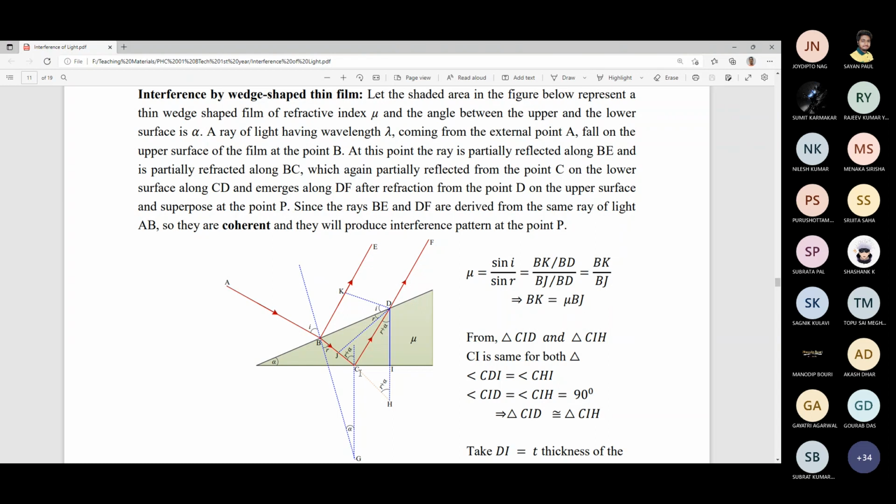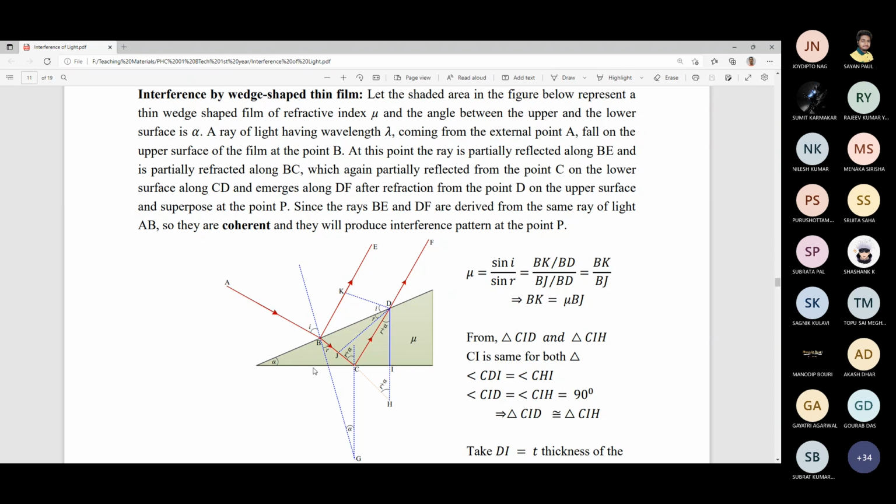Similarly, from the transmitted beam, another reflection will take place, and we will get a reflected ray as well as a transmitted ray. On this side, if we unite these two transmitted rays, we can also observe the interference pattern. But we consider only the reflected beam in case of wedge shape film.